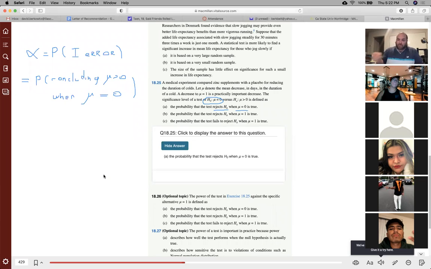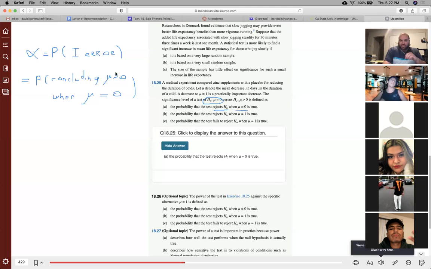Does that make sense? Notice how I don't do all the steps in my head. I write them out. The significance level of a test is alpha. Alpha is the probability of making a type 1 error. What does a type 1 error mean?